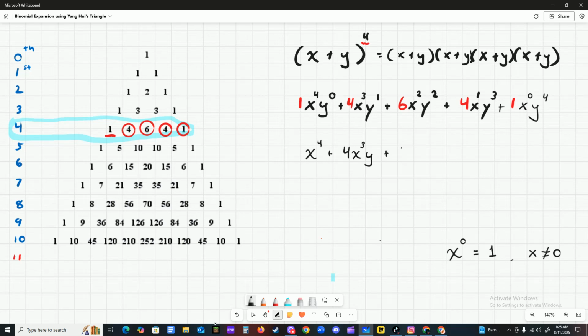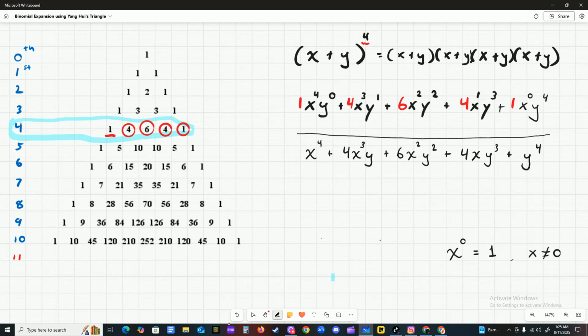Plus 6x squared y squared plus 4x y cubed plus, I'm sorry, plus y to the fourth power. And that's the expansion of the binomial. Cool, cool, cool.